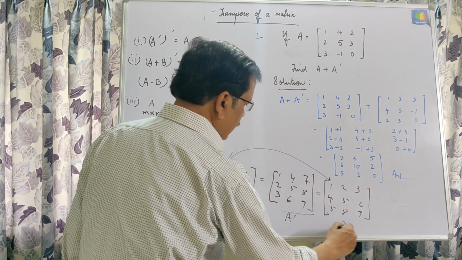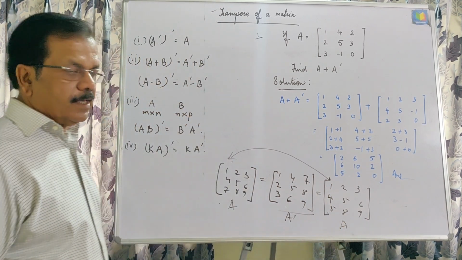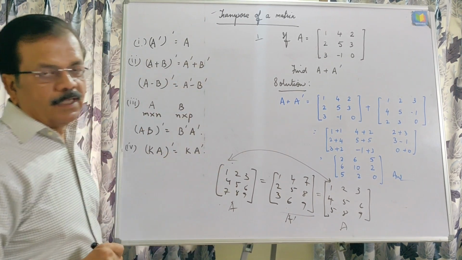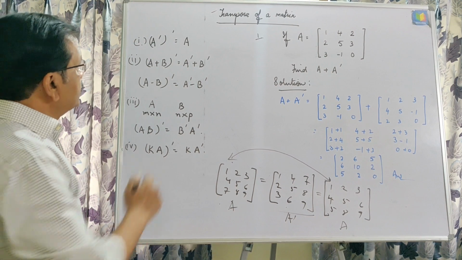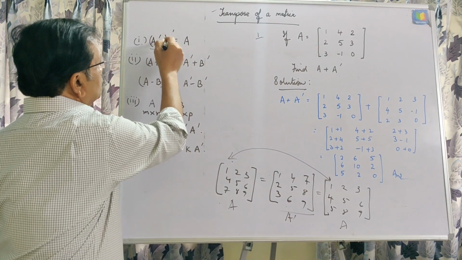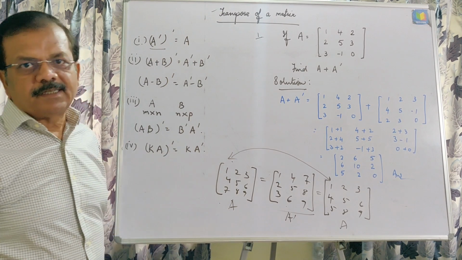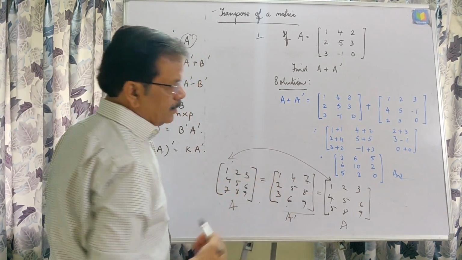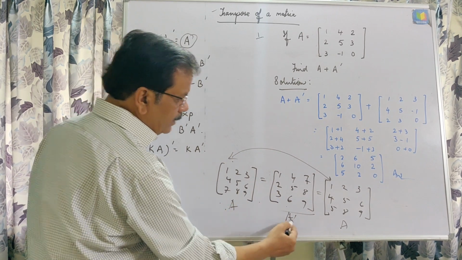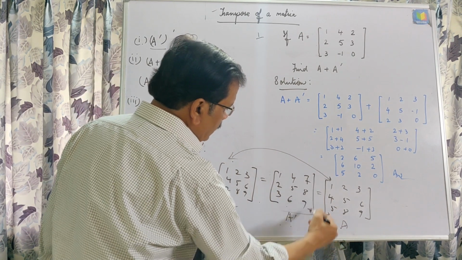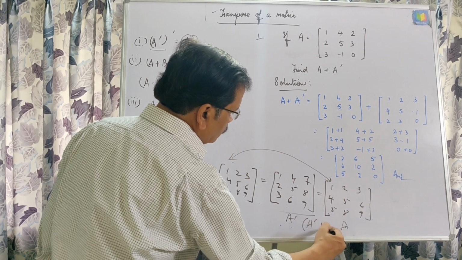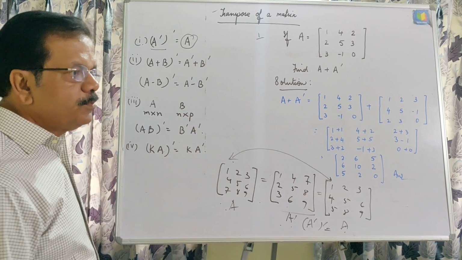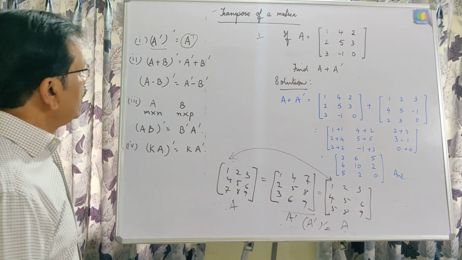This is again A. Okay, and in this way, one of the properties of the transpose of a matrix is that the transpose of A transpose is equal to A. We can see the transpose of this and then the transpose of this again, that is, A transpose transpose, is equal to A itself. And sometimes you can use the properties directly in any question.